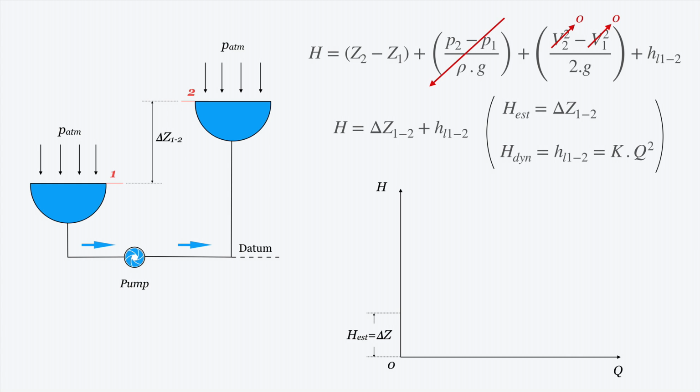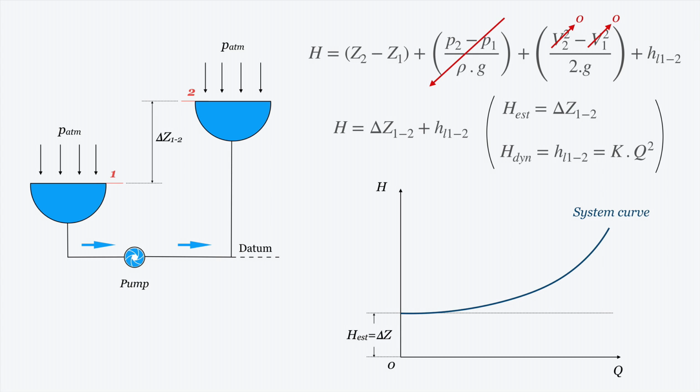We are drawing here the static head, and in this case, where the atmospheric pressure is acting in both sections over the liquid surface, this static head will be equal to delta Z. And this value of static head doesn't change with the flow rate.